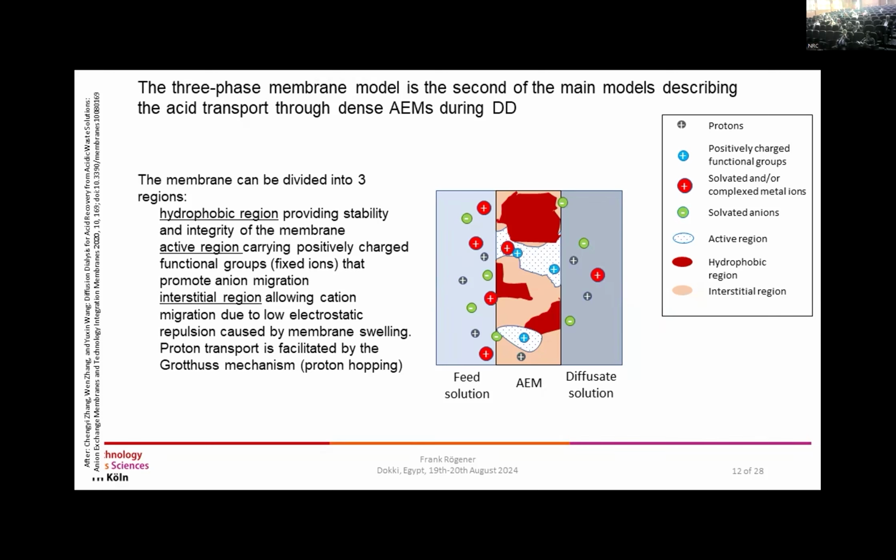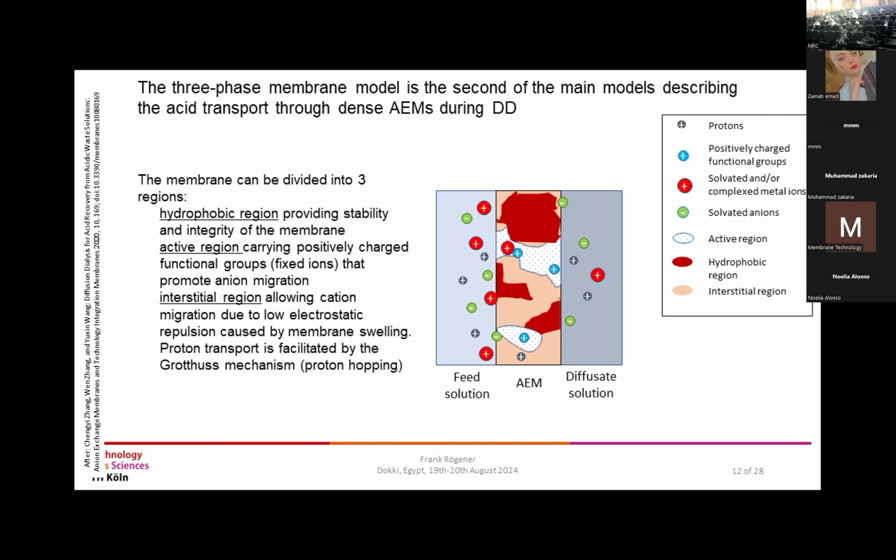The transport of charges related to the protons is by the Grotthuss effect or hopping effect. So the protons don't have to move by themselves, or not so much, but the electric charge is just transferred from one hydroxonium ion or one proton to another one. This is the basic effect that we see.